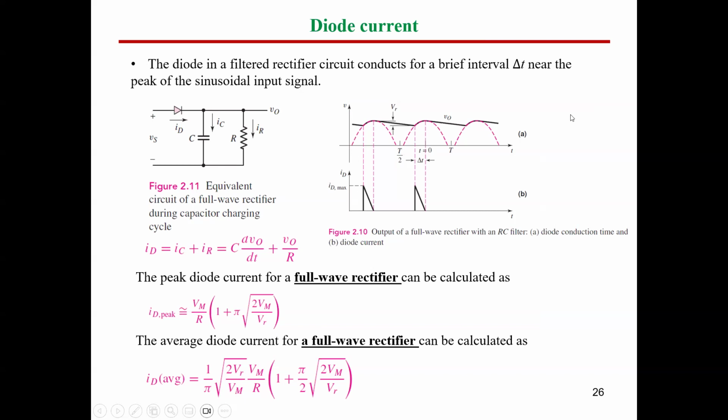Now, let's see, guys, the diode current in this example. We already added a filter, and we have now a diode. This diode is conducting for part of the time, and we need to size this diode.